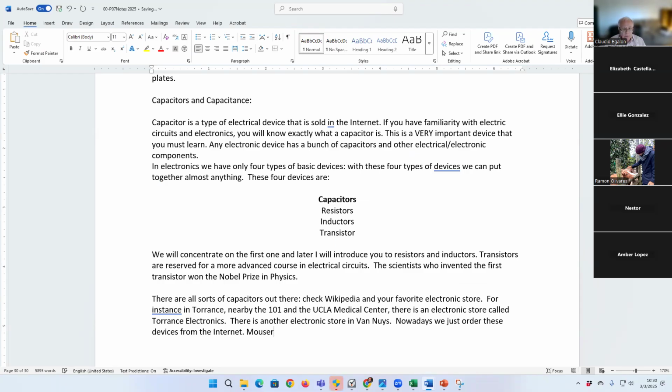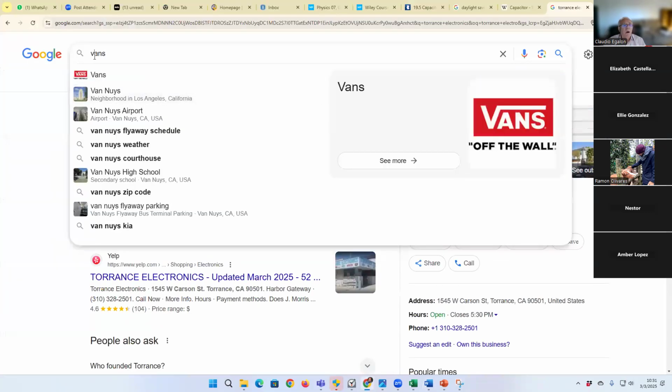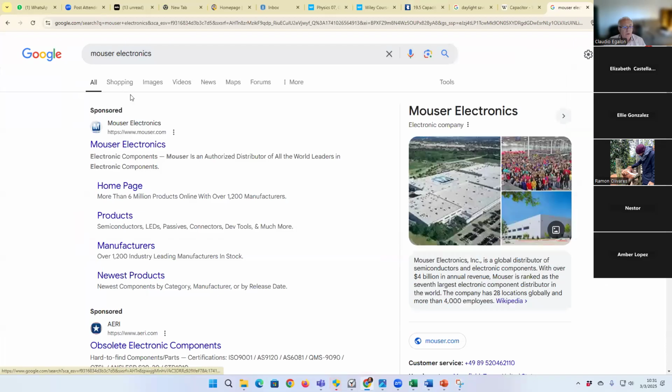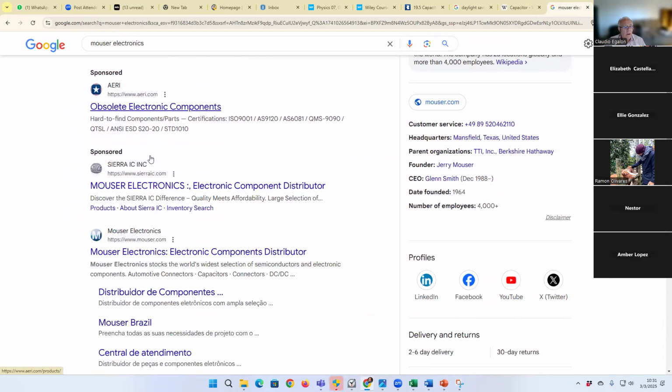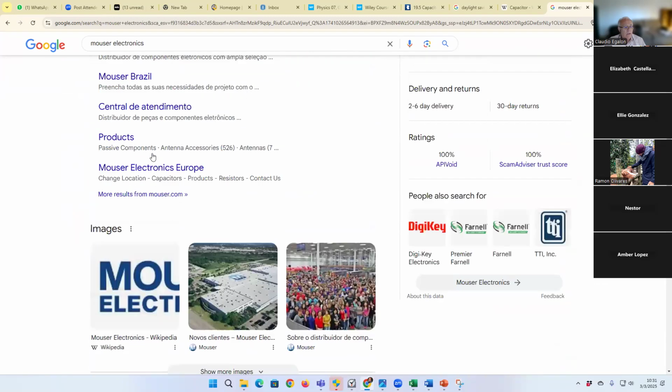Mouser, for instance, they sell those devices. Mouser Electronics, just one of them. They have this huge catalog of electrical and electronic components.